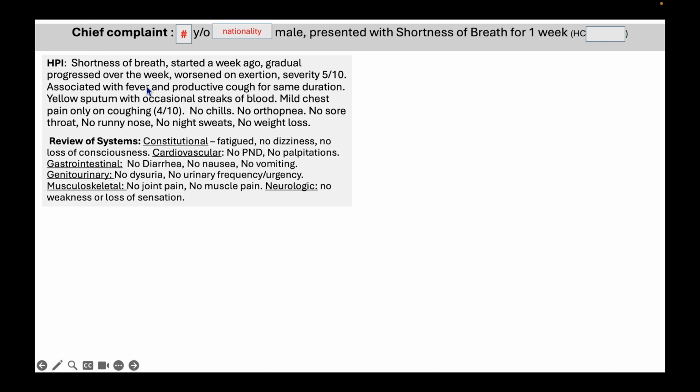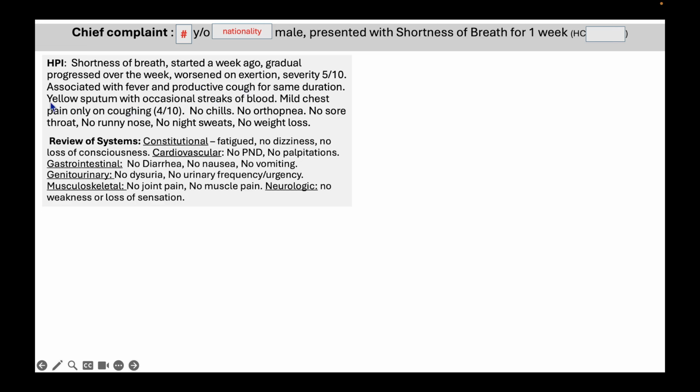And then, does it go on and off? Does the fever come and go, or is it a constant fever? Did they take any medication for the fever? Things like that. And then the cough. Here, ideally, you would just write associated with fever and cough for the same duration, and then you analyze the cough.